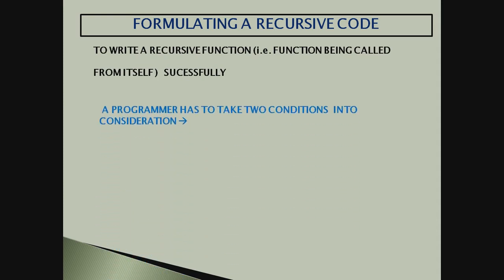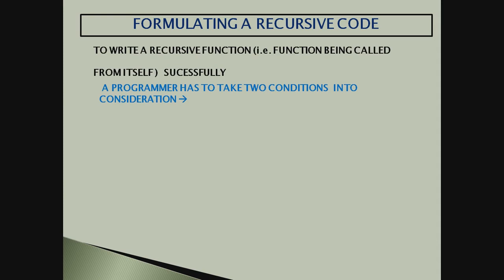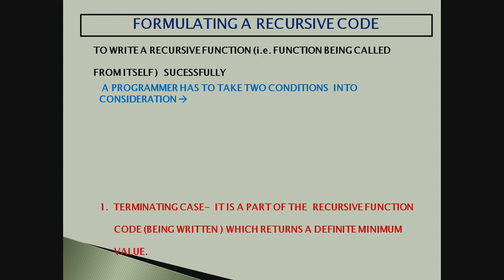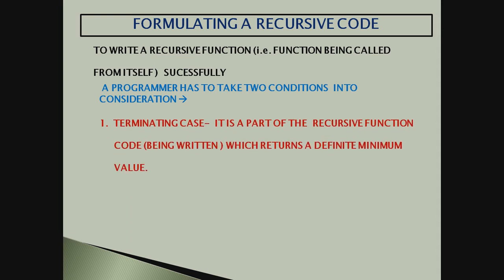A programmer has to take into consideration two conditions. The first one was the terminating case. Now, what was the terminating case? Terminating case means that given execution of the function where the function gives back a definite minimum value to us.